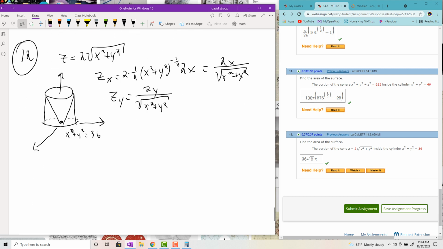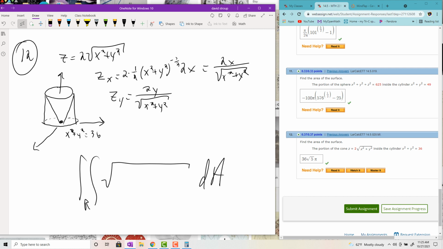And then you dump that into your integral, and you're integrating over top of this circle. I'm going to actually probably convert to polar, so I'm not even going to bother indicating my integral limits. So I just put an R there.